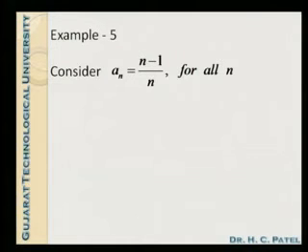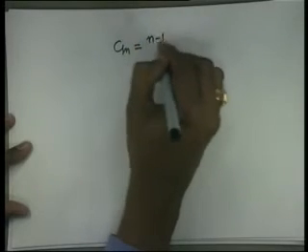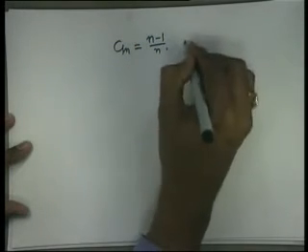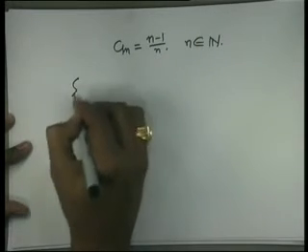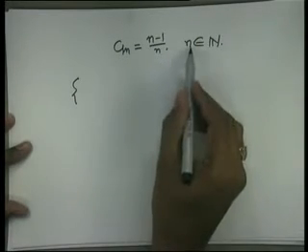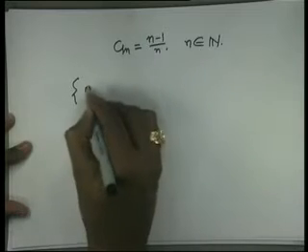Again we see one more example of a sequence, where the nth term is n minus 1 upon n for all n. Let us see how this sequence looks. an is equal to n minus 1 upon n for all n belongs to N. When we put n equal to 1, the first term is 0.